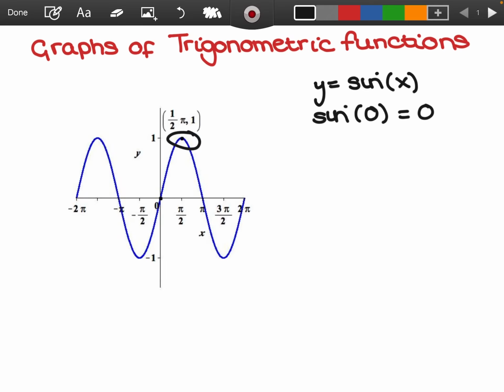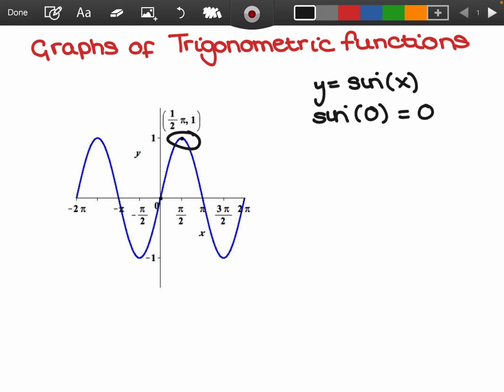I then have this point here. Okay, when I've got an angle of pi over 2 radians, then my y coordinate is going to be 1. Okay, again, this agrees with my unit circle. Sine of that angle of pi over 2 is sine of 90 degrees. It's the same thing. I'm on that positive y-axis.